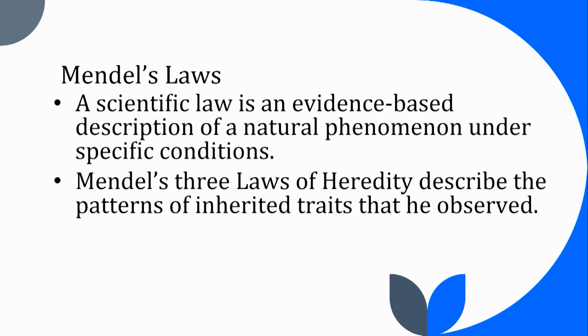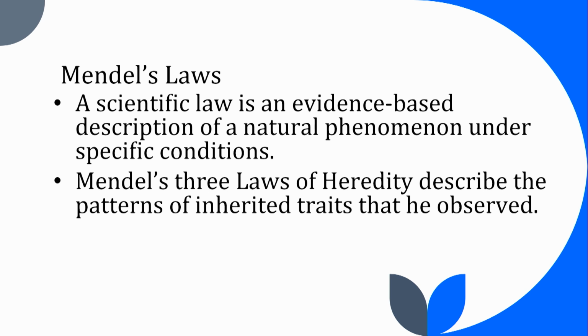So, Mendel's laws, okay? Let's remember that a scientific law is an evidence-based description of a natural phenomenon under certain specific conditions. And laws have been tested over and over and over again, and every time they're tested, the same results are found. Okay, that's what a scientific law is. Mendel's 3 laws of heredity describe the pattern of inheritance of inherited traits that he observed.